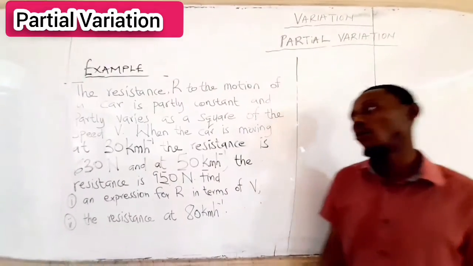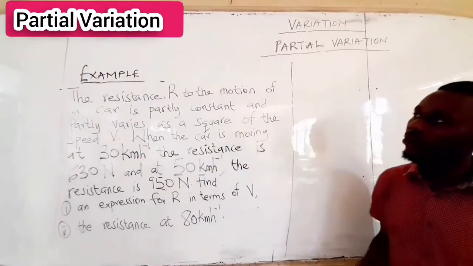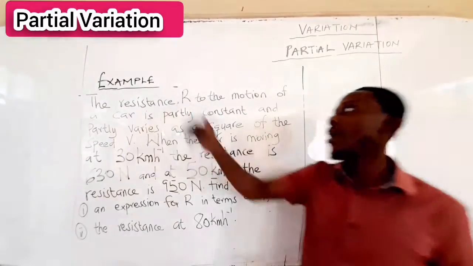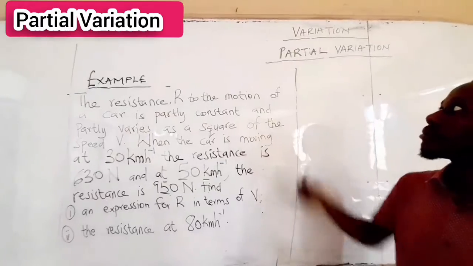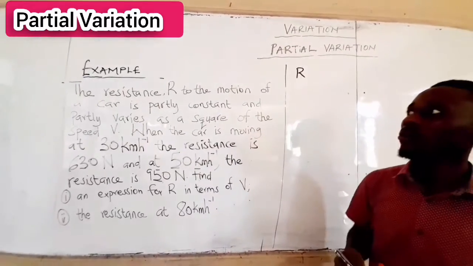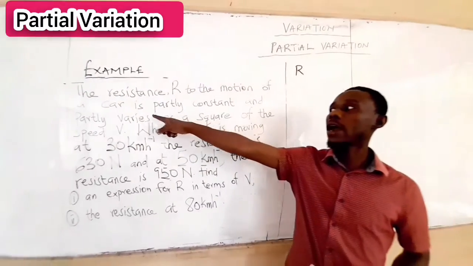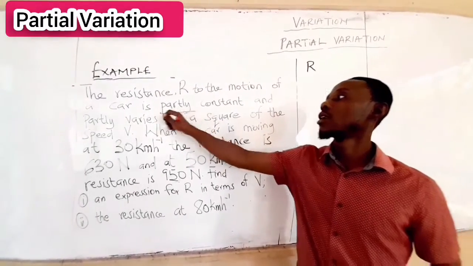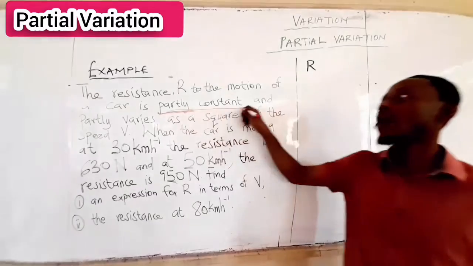The next example, under partial variation, states that the resistance R to the motion of the car is partly constant. So we have partly constant. That means we have to introduce what? Our constants.